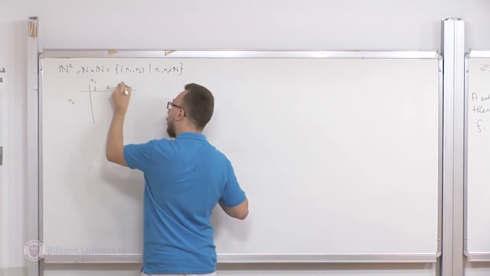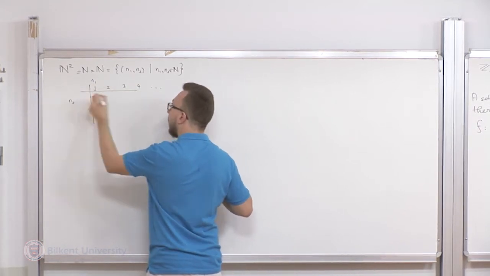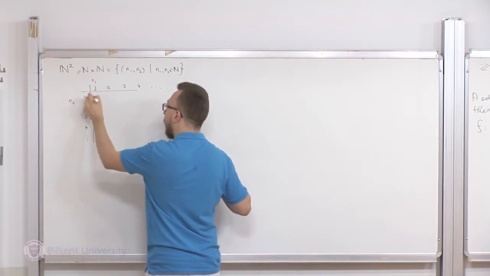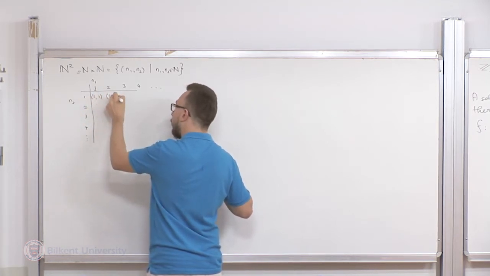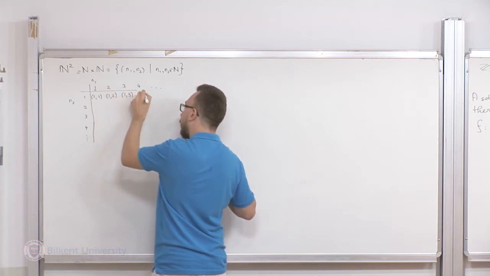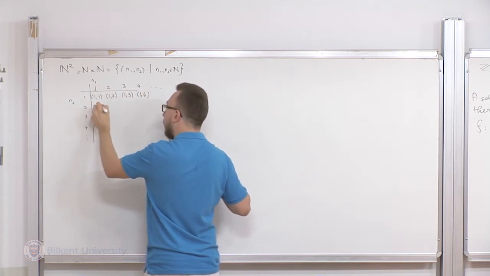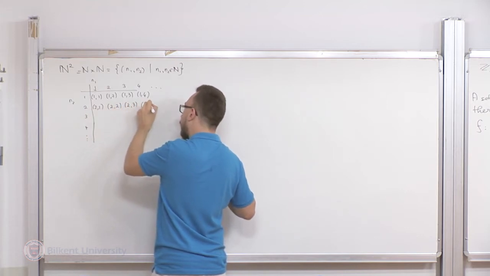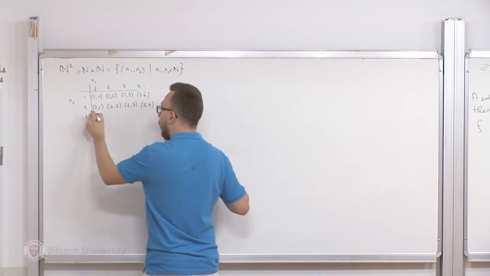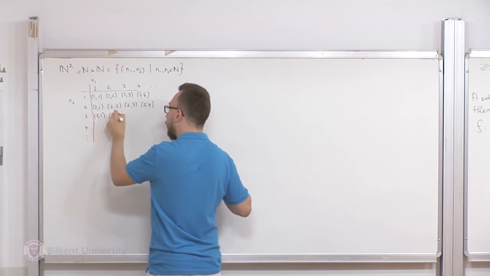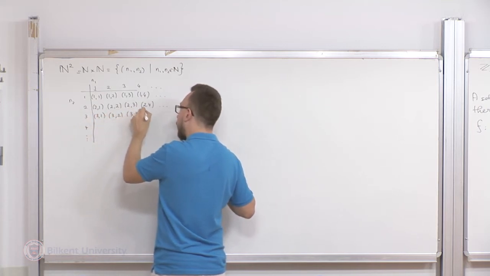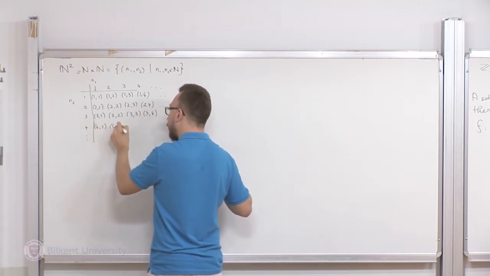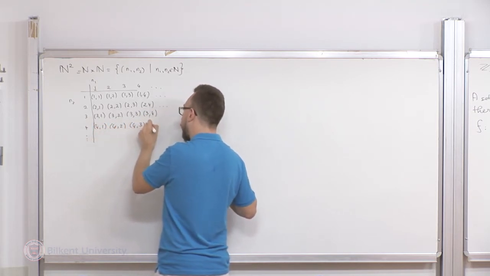So 1, 2, 3, 4, etc. 1, 2, 3, 4, etc. So we have (1,1), (1,2), (1,3), (1,4), (2,1), (2,2), (2,3), (2,4), (3,1), (3,2), (3,3), (3,4), and (4,1), (4,2), (4,3), (4,4).